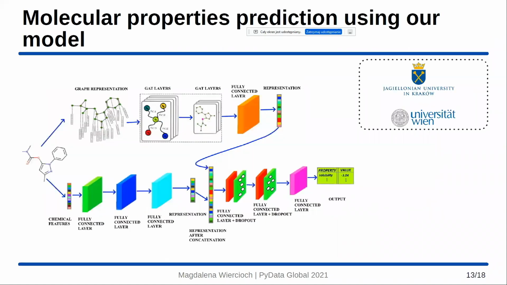And yes, finally, I would like to tell a few words about my recent work. So in my work, which is a result of my collaboration with the University of Vienna, we proposed a neural network-based architecture that overcomes the aforementioned difficulties.